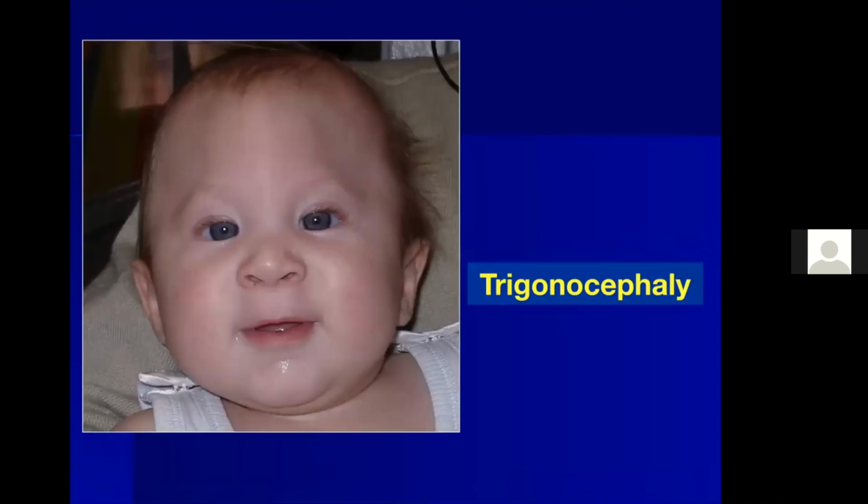This one is the trigonocephaly. So it is the metopic suture that is involved. This is the typical triangular shape of the forehead with other implications for the skull base.